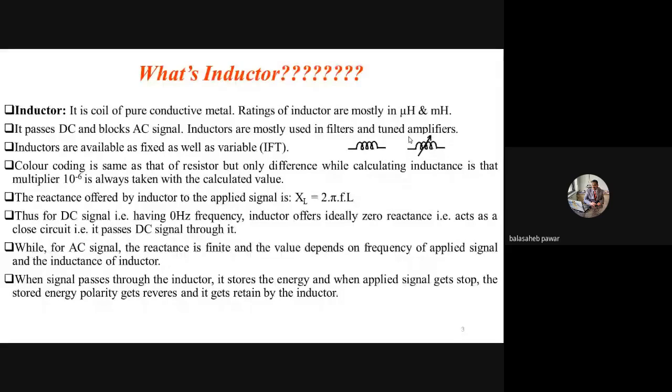And whenever we are tuning it properly, exactly at 98.3 mega, then and only then we are getting the proper audio, right? If that frequency by mistake is set at 98.2 or 98.4, then there is so much noise, is it? You might have seen these things. So that is nothing but the tuned amplifier. So the inductors are used in that tuned amplifiers.